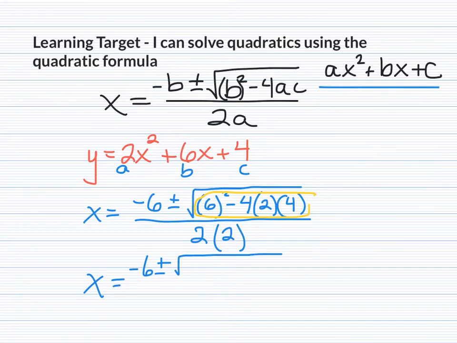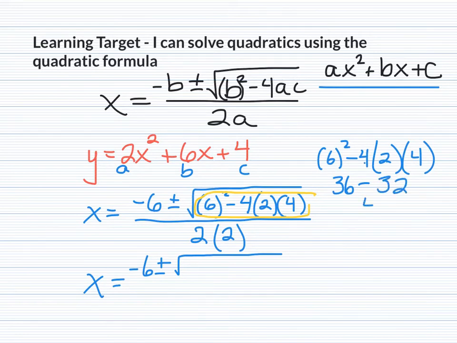So I'm going to do this on my calculator. 6 squared minus 4 times 2 times 4. Okay, 36 minus 4 times 2, 8 times 4 is 32. So that's 4. Oh, okay, hey, we know there's two solutions. 4 over 2 times 2, which is 4.